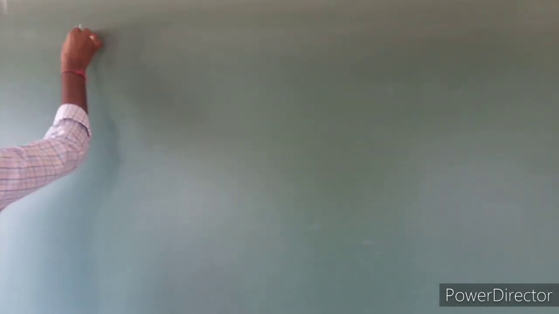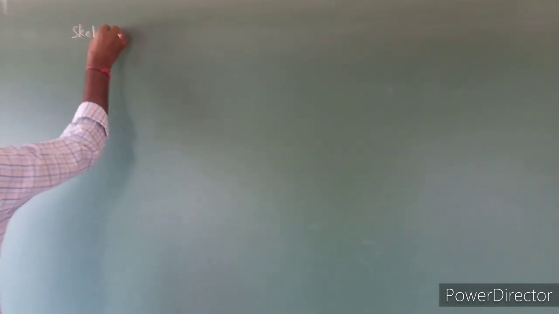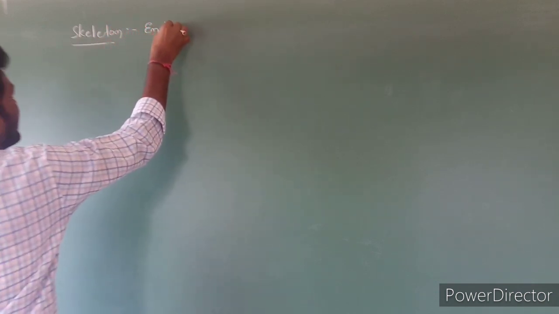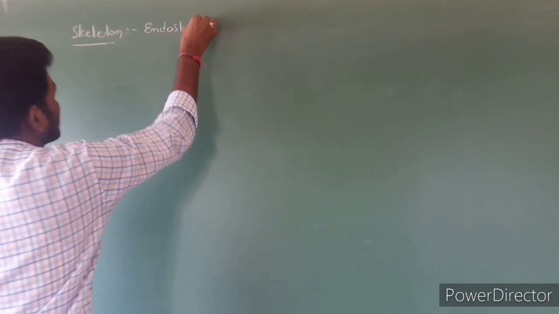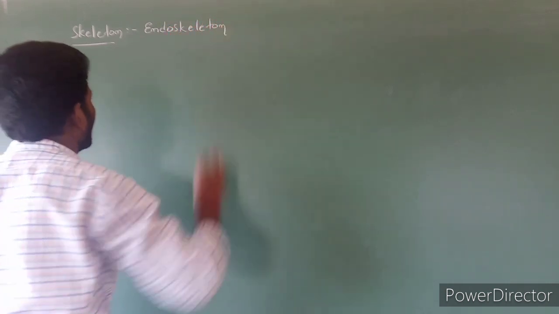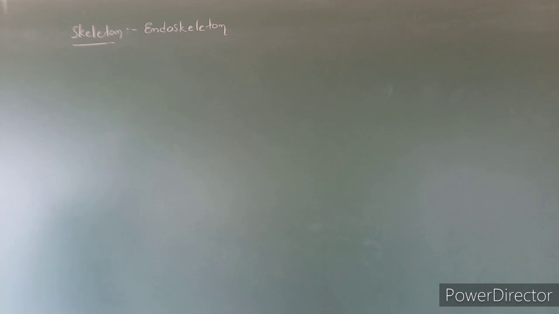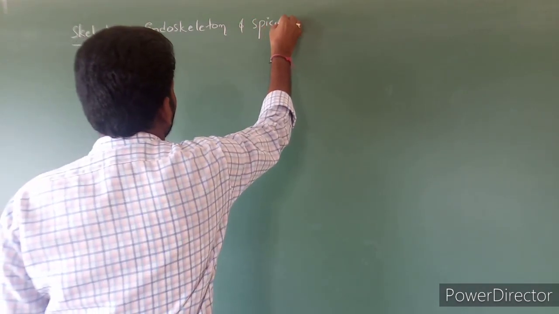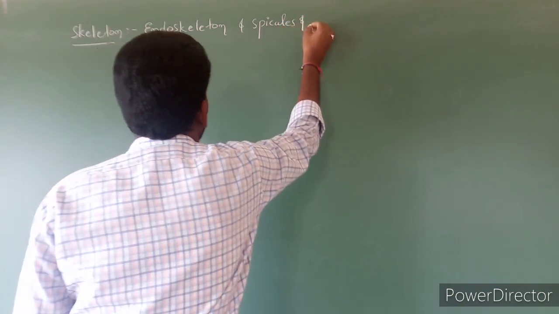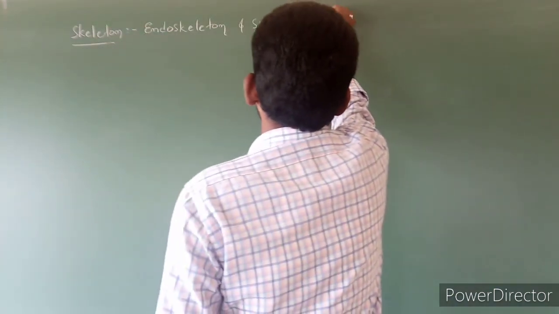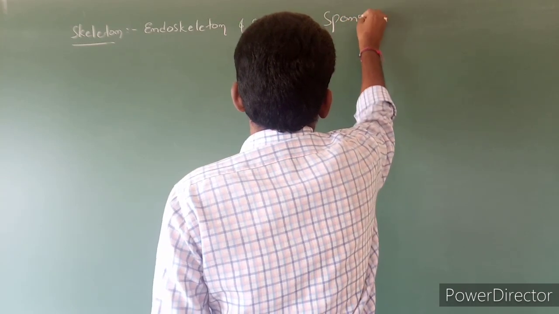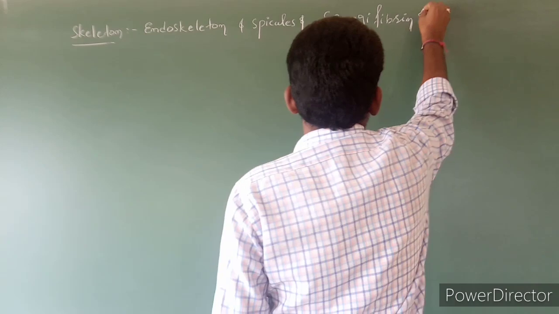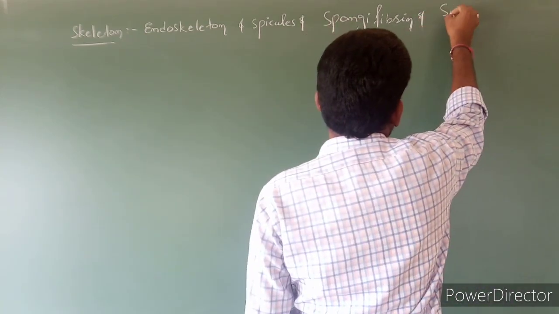The skeleton is an endoskeleton, which is made up of spicules, and of spongy fibrin, and in some species silicon also.